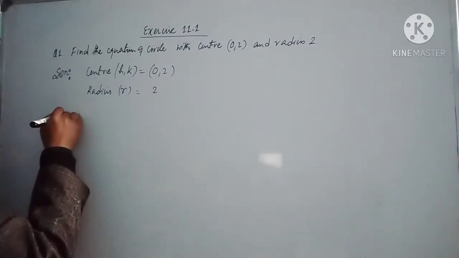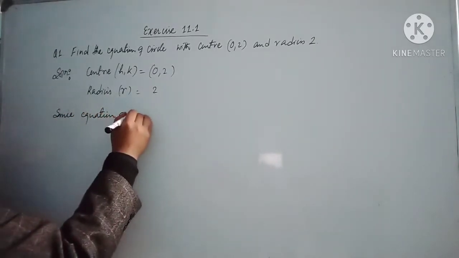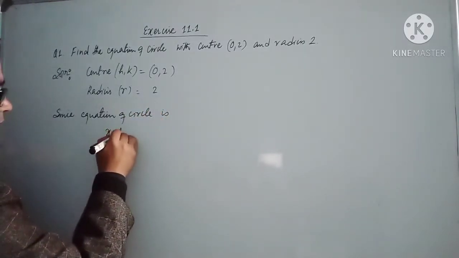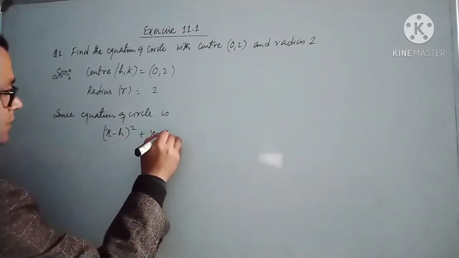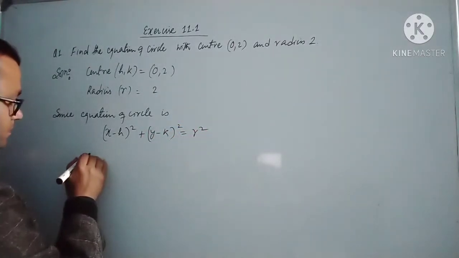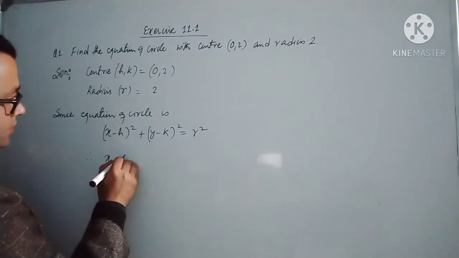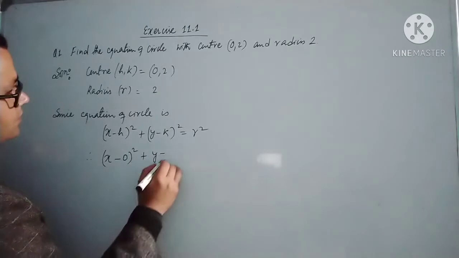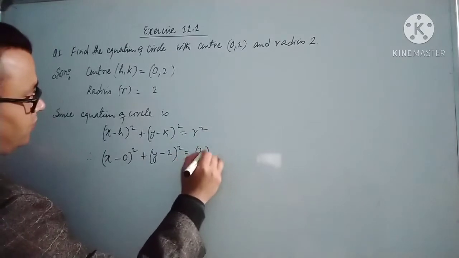Since equation of circle is x minus h whole square plus y minus k whole square equals R square. Therefore x minus 0 whole square plus y minus 2 whole square equals 2 square.